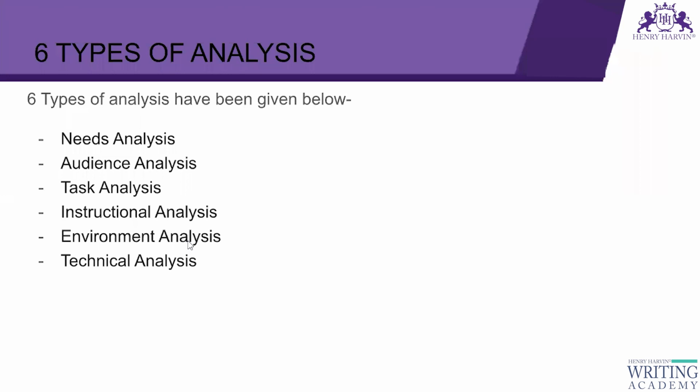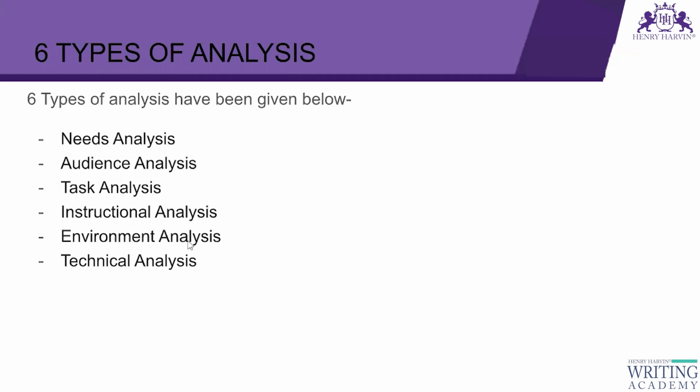Instructional analysis. If some instructions are floated out and they are not able to understand them, then the analysis is that yes, they are lagging in those areas. Then environmental analysis, based upon my environment, like the workplace: what kind of things are to be delivered in my workplace.